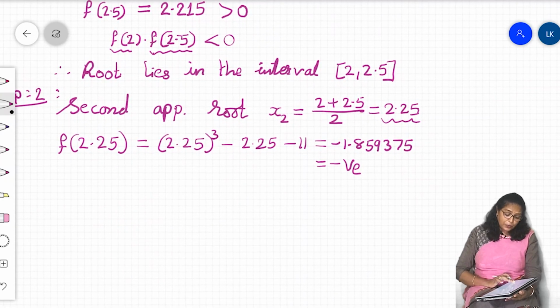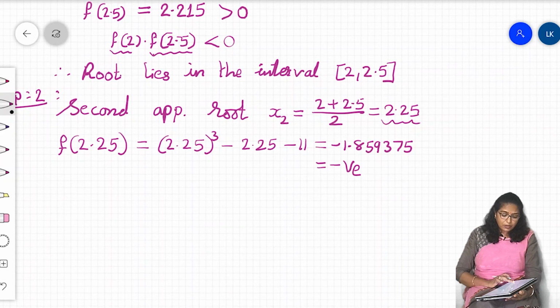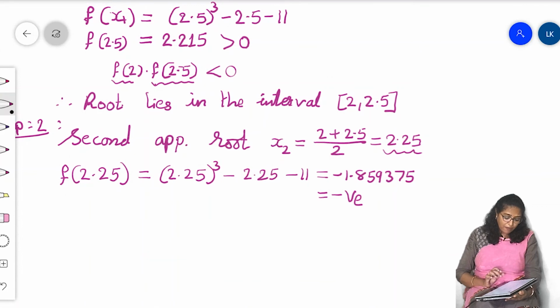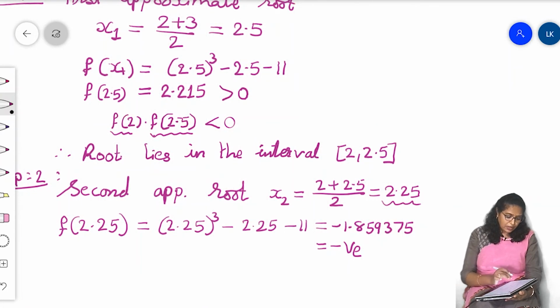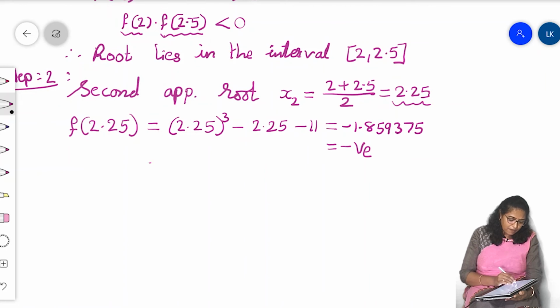This is negative. What should we do? Find the positive number. In previous step, where is the positive? F of something is positive. We need it. It is f of 2.5. F of 2.5 is positive, and f of 2.25 is negative.